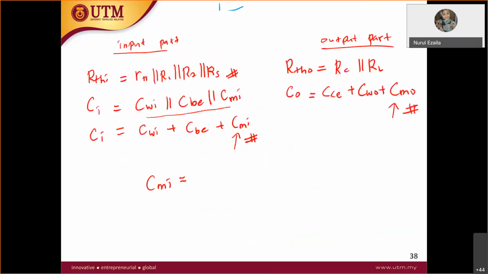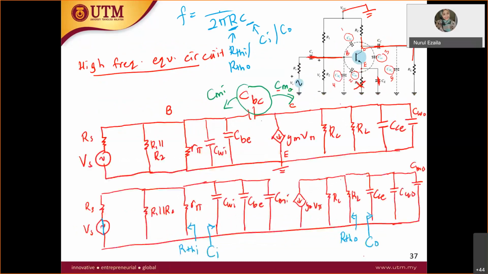1 minus AV CF. Now my question is, what is CF in this case? CBC. Yes, correct. The CBC, the feedback capacitance. This one we call a feedback capacitance, because instead of being vertical and in parallel, it is horizontal.